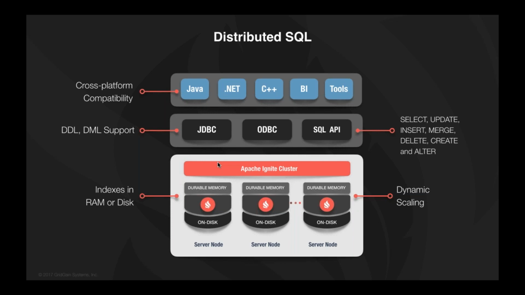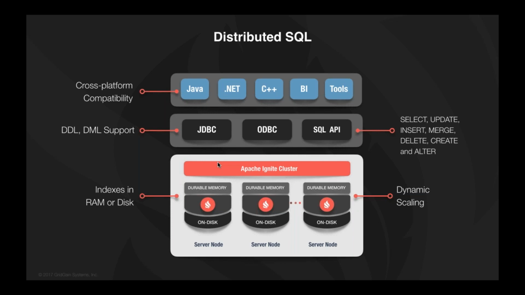And why is it so? For instance, at the bottom we have the same Apache Ignite cluster that you could see on a couple of previous slides. No difference. Here we have our cluster nodes that store the data sets spread out across the cluster of machines.